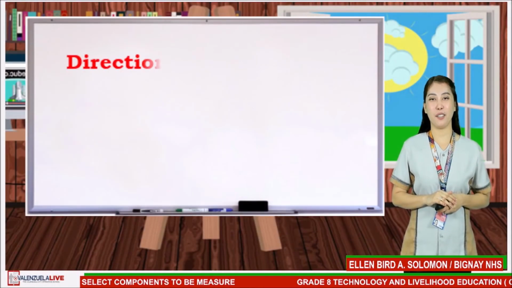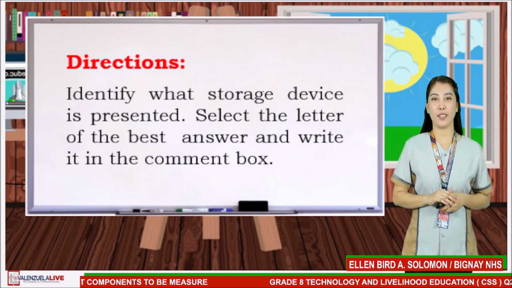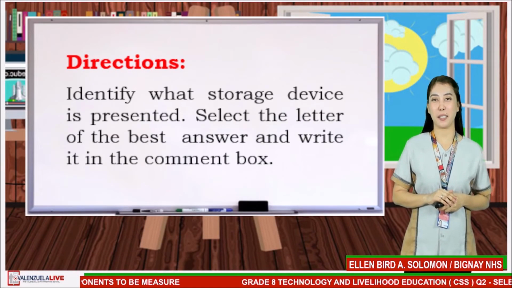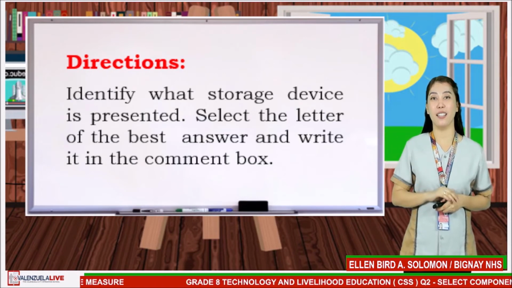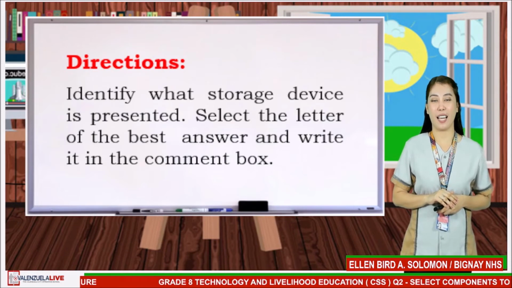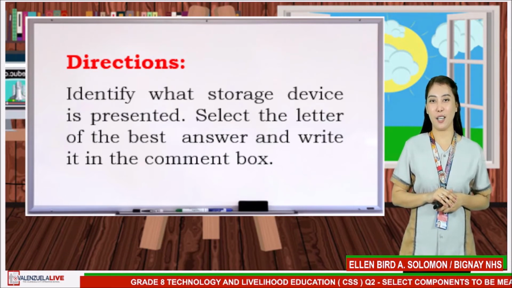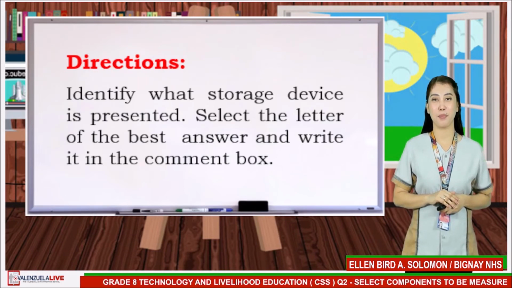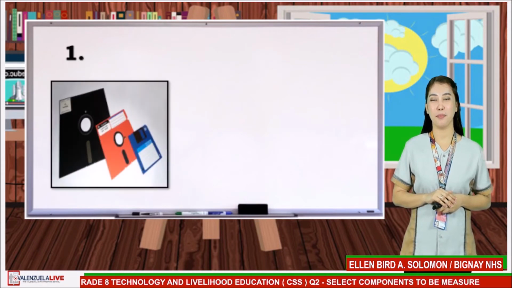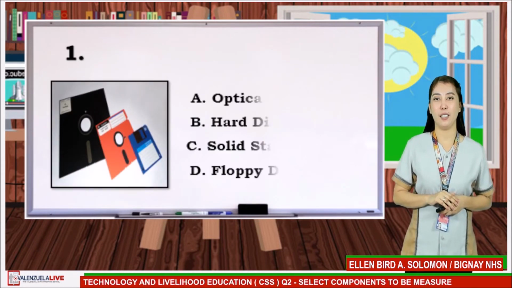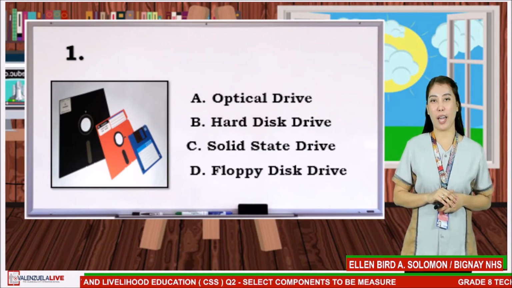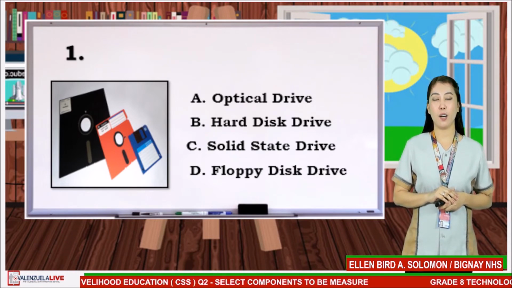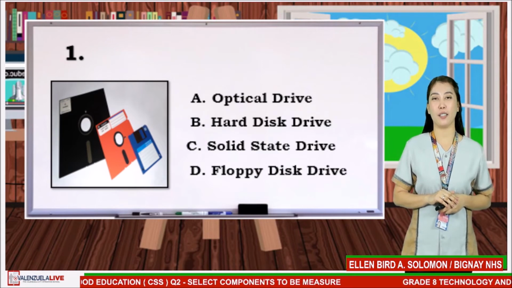In this activity, you're going to identify what storage device is presented. You have 5 seconds to select the letter of the best answer and write it in the comment box. For number 1, is it A, optical drive, B, hard disk drive, C, solid state drive, or letter D, floppy disk drive?